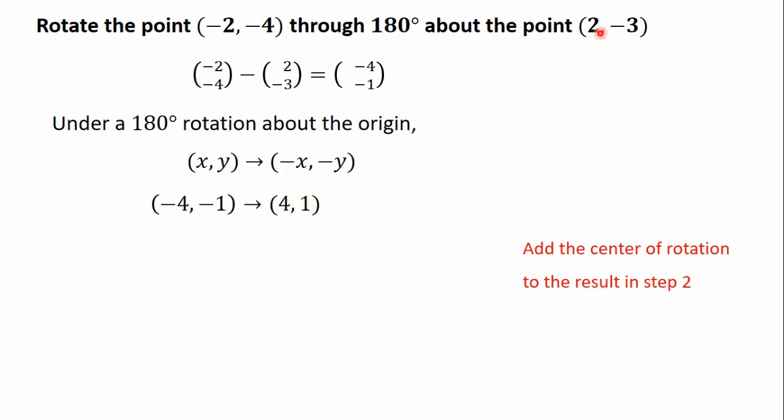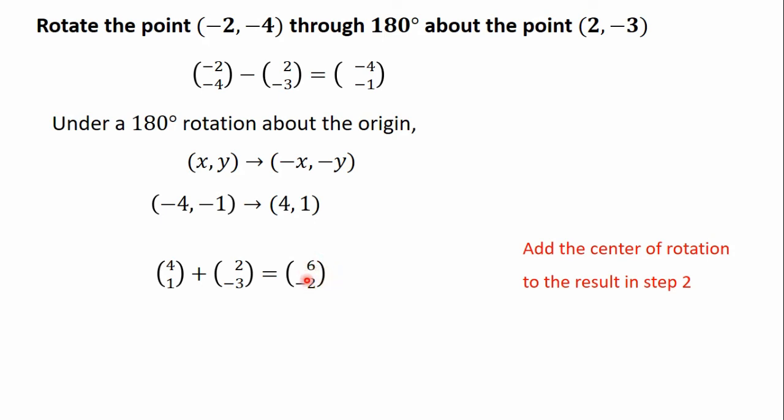The center of rotation is (2, -3). So you add (4, 1) to (2, -3). (4, 1) plus (2, -3). 4 plus 2 gives us 6. 1 plus minus 3 will give us 1 minus 3, which is minus 2. So after adding the center of rotation to the result in step 2, we are having (6, -2).